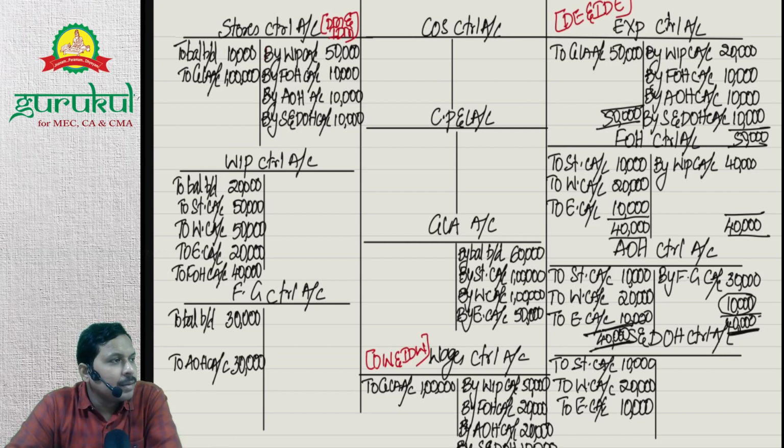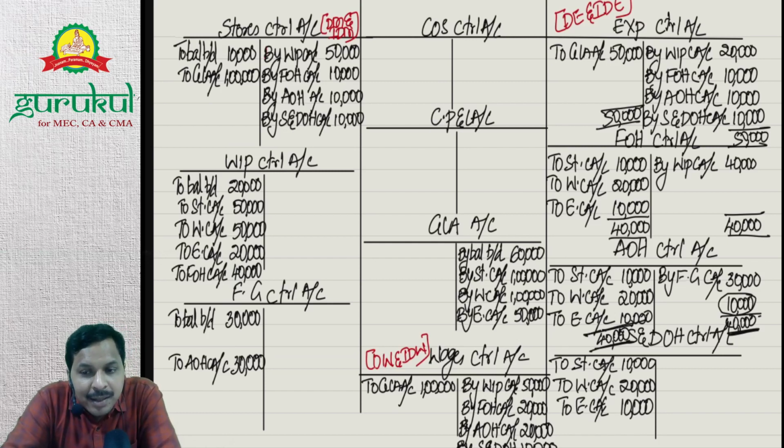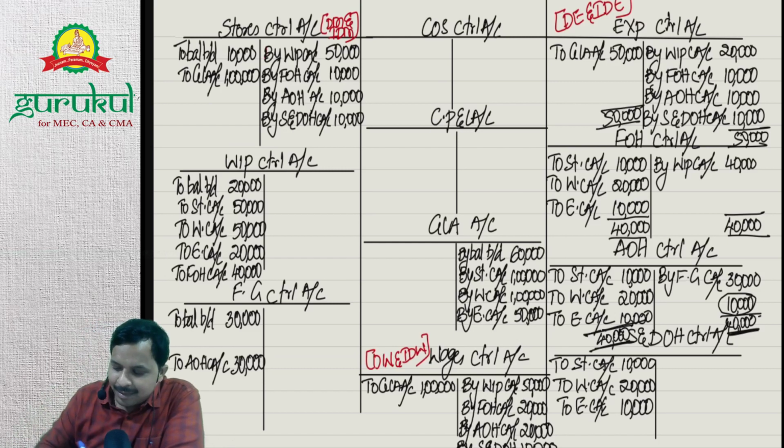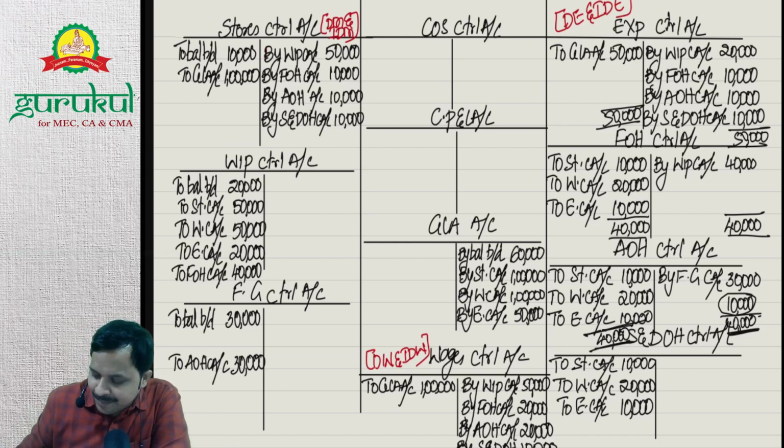How many are saying under recovery? How can you say it is an under recovery? 40,000 is incurred. Then 30,000 is recovered. Yes or no?